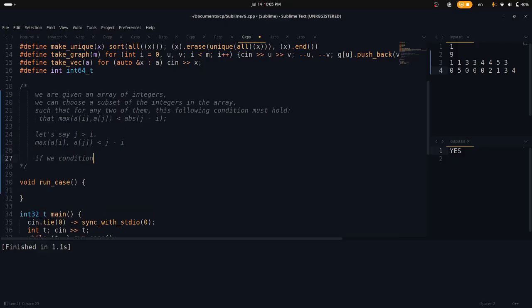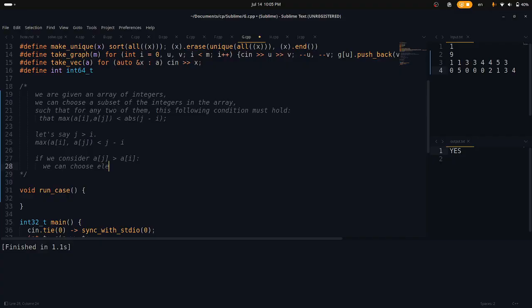If we consider a_j to be greater than a_i, then we can choose elements in the range 1 to j minus something, then a_j must be less than j minus i.